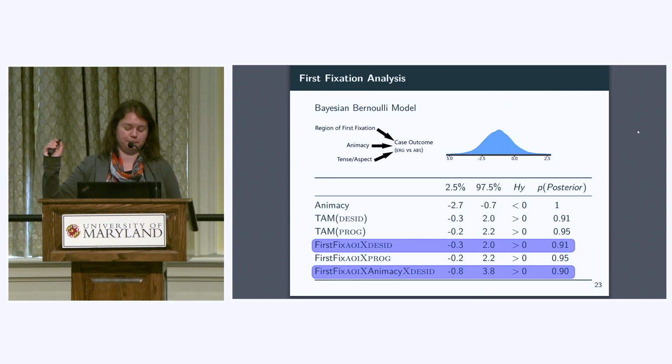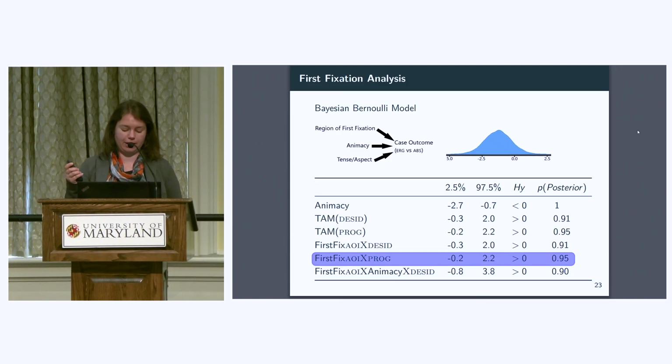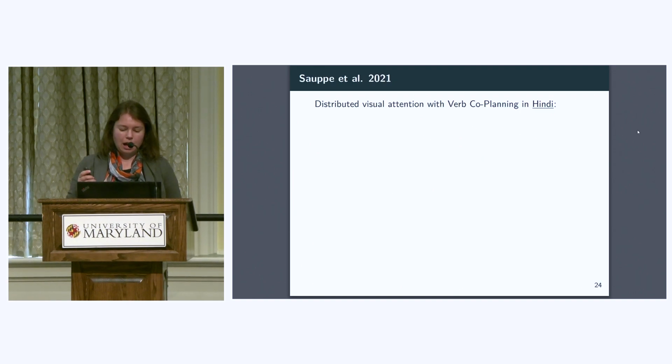I've done this by first fixation. And if you're dubious that this is really co-planning, I can show you what happens in Hindi in that same time frame, where Zafar and Hussein showed us that there was verb co-planning.